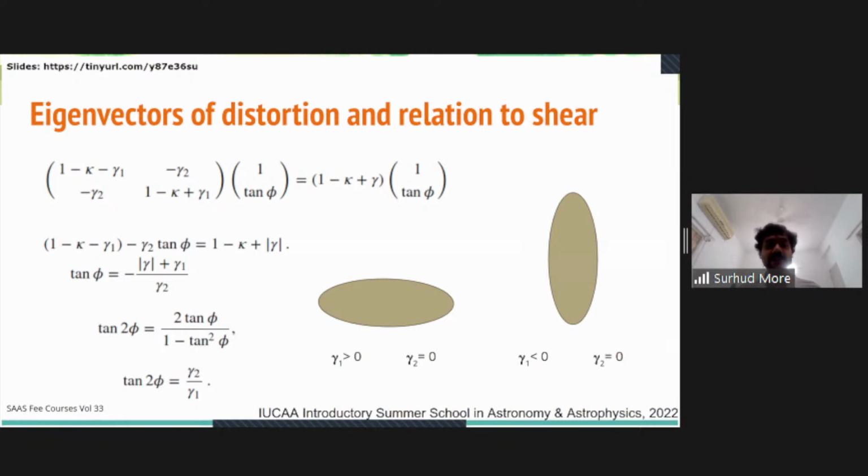If you take the ratio of gamma 2 by gamma 1, you get tan 2 phi, where phi is the angle made by the major axis of the source with respect to the x-axis.